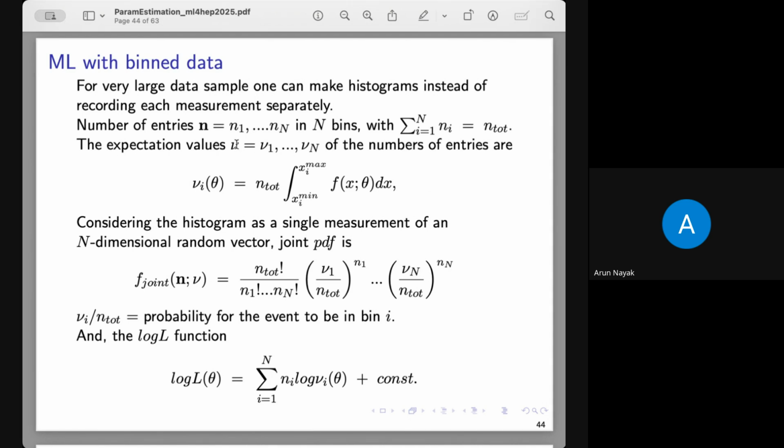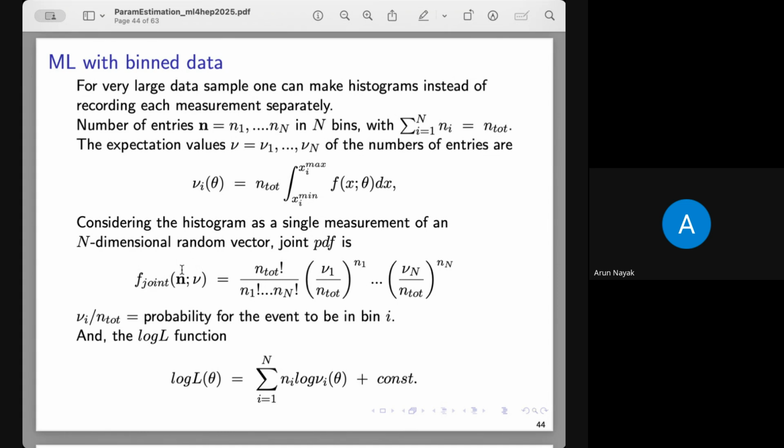Now one can think of the number of events in each bin ni as a single measurement of an N-dimensional random vector n, and then you can construct the joint PDF of getting n1 events of type 1, n2 events of type 2, and so on, with the expected numbers nu1, nu2, and so on, as a multinomial distribution, right?